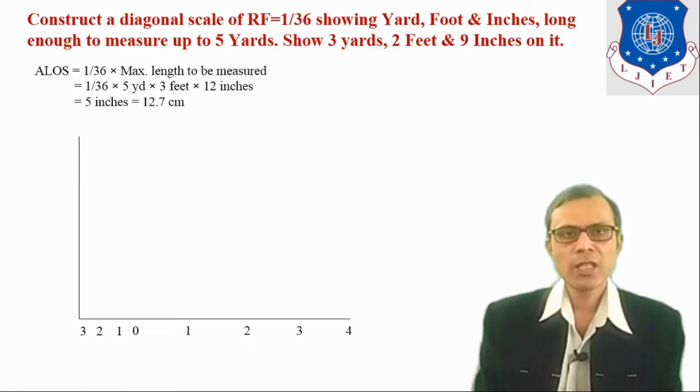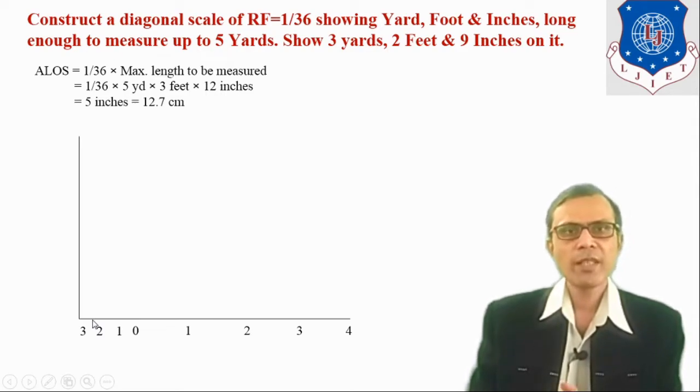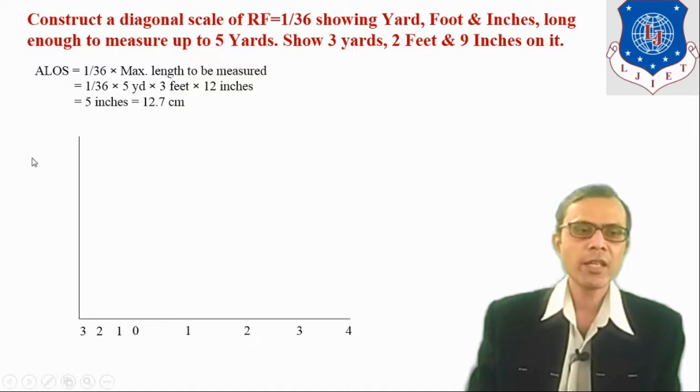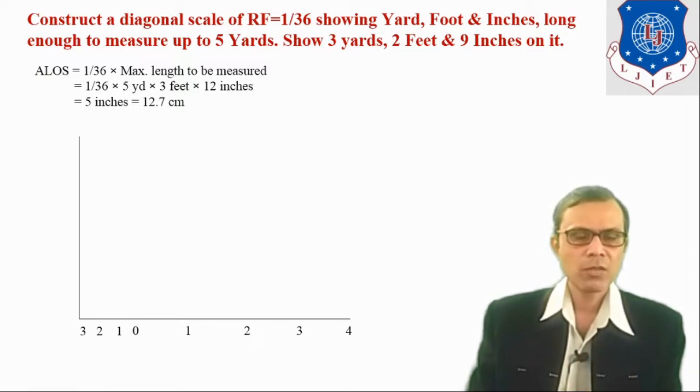Now the question is, what should be the height of this line? It should be selected in such a way that you can easily divide it into 12 equal parts. For example, if you take the height of this line as 12 centimeter, then to divide it into 12 parts, 1 centimeter is equal to 1 part.